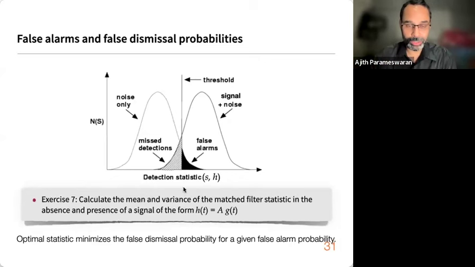Here's a cartoon that shows the distribution of such a detection statistic when the data contains noise only. On average, we expect that this detection statistic will take only small values. On the other hand, if you have a true signal in the data, we expect that the statistic would typically take higher values because you will have a larger inner product with the template.